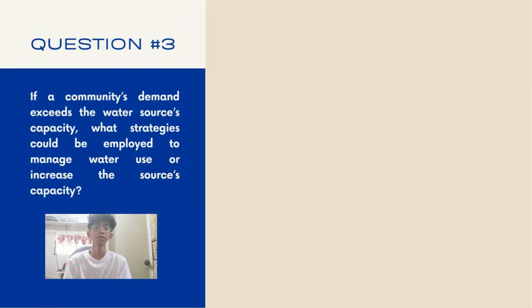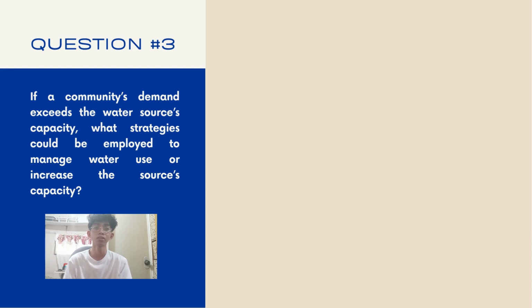If a community's demand exceeds the water source capacity, what strategies could be employed to manage water use or increase the source capacity? There are plenty of strategies that could be employed to manage water use and increase water source capacity depending on the location, population, and classification of water source available in a specific community.